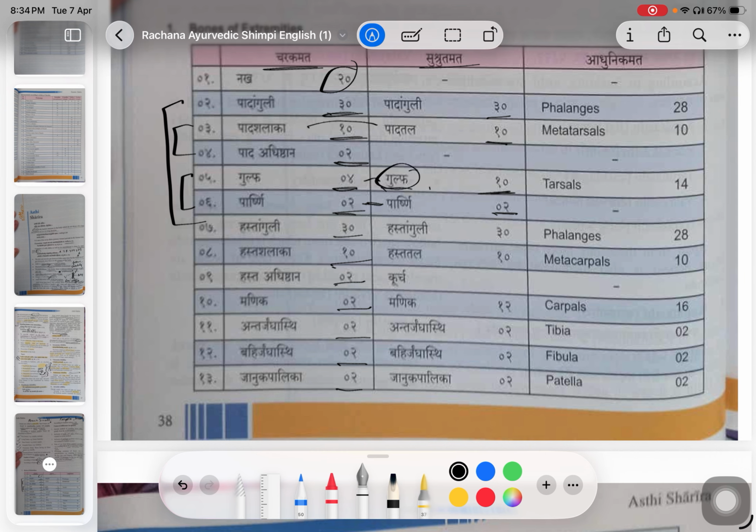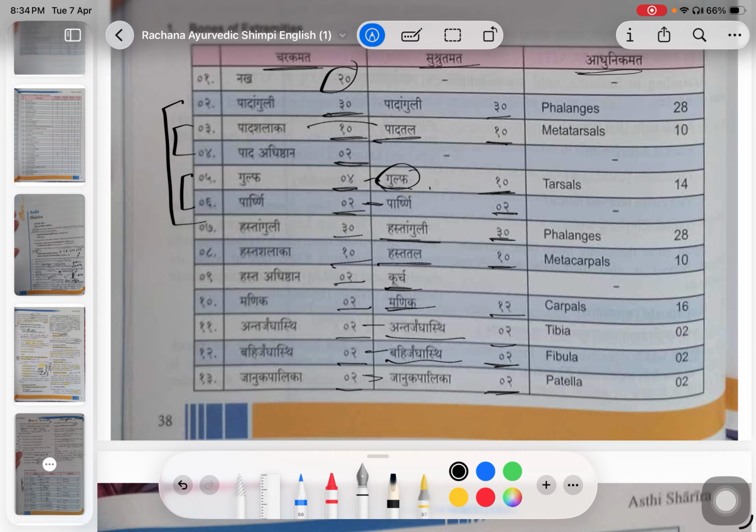So maybe they have considered the calcaneum and other bones in Gulf, right? Hastanguli 30, Hastal 10. Hastanguli are same, and Hastal and Hastashilaka are just like Padtal and Padshilaka, same. Then we have Manibandh 12, Antarjangasthi 2, same, Bahirjangasthi 2, again same, and Janu Kapalika again same, right?